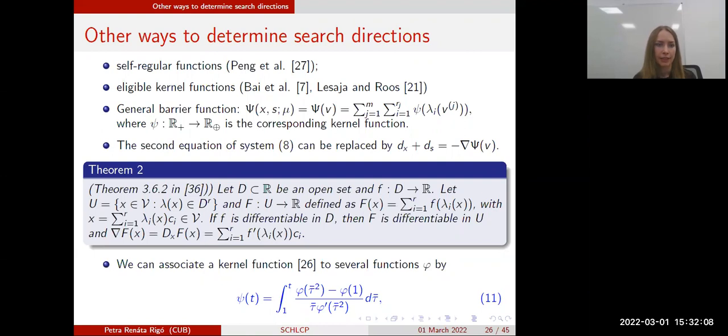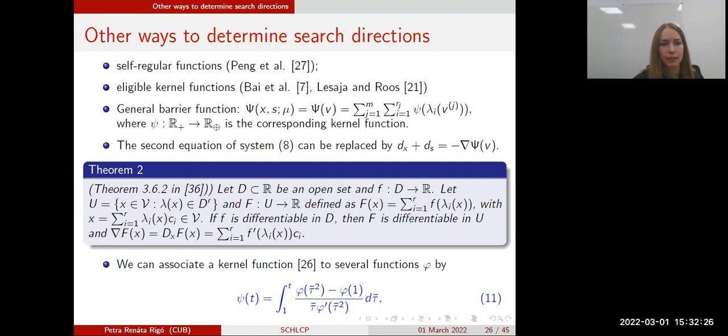There was defined this general class of eligible kernel functions, and the idea here is that we can make an association between the AET functions and the kernel functions.